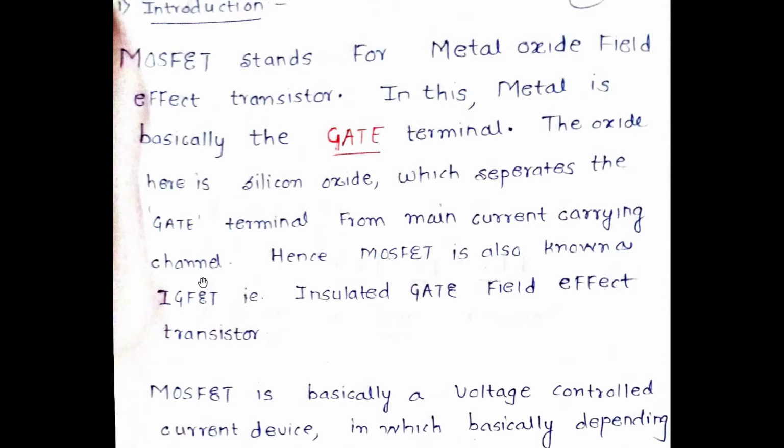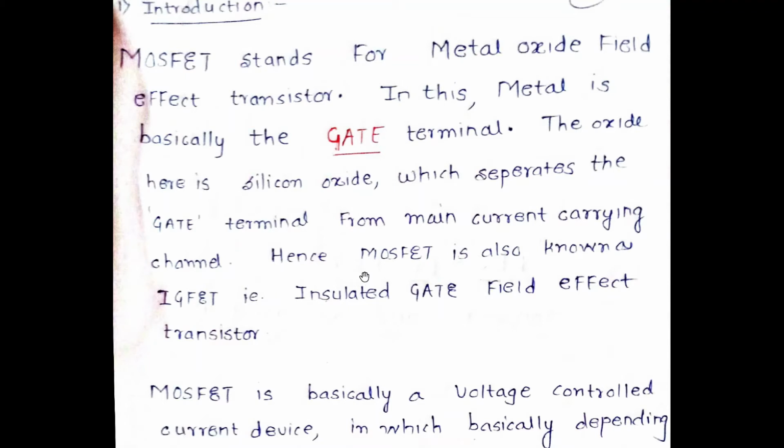But just for your information, MOSFET stands for metal, O for oxide, and then you have FET, that is field effect transistor. In this, the metal basically stands for the gate terminal. The oxide basically stands for the silicon oxide, and this silicon oxide separates my gate terminal from the main current carrying channel.